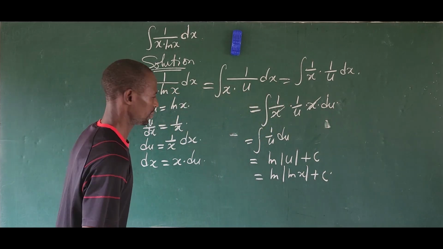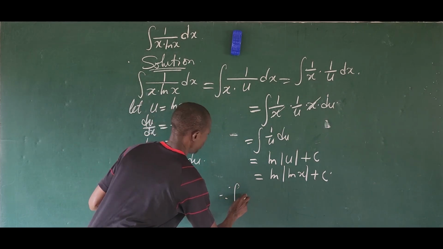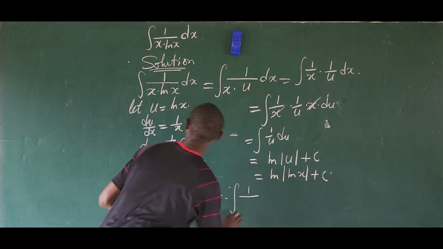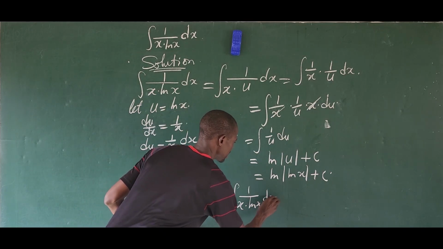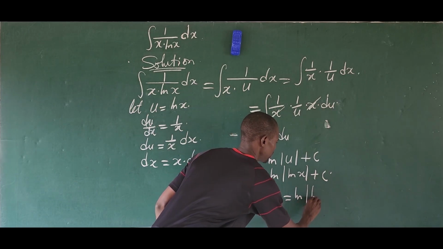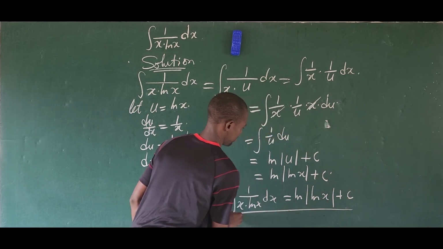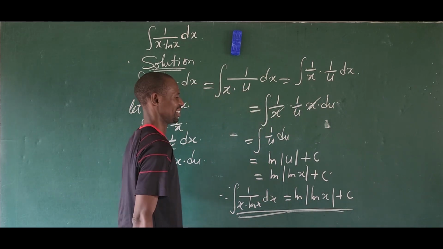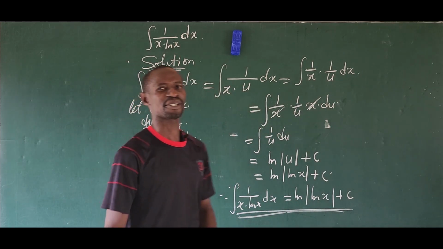So in conclusion, we can say that therefore the integral of our 1 all over our x times the ln of x dx is equal to the ln of the absolute value of ln of x, then plus c. Wow. So this is the answer when you integrate this expression here.